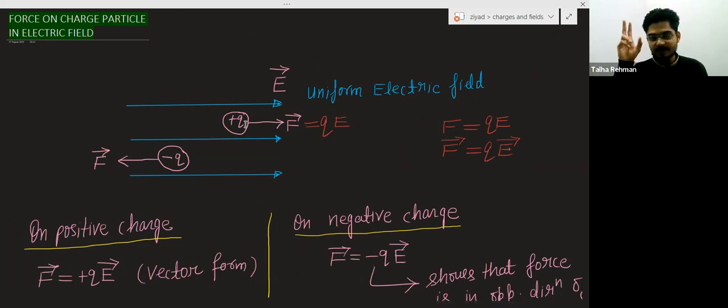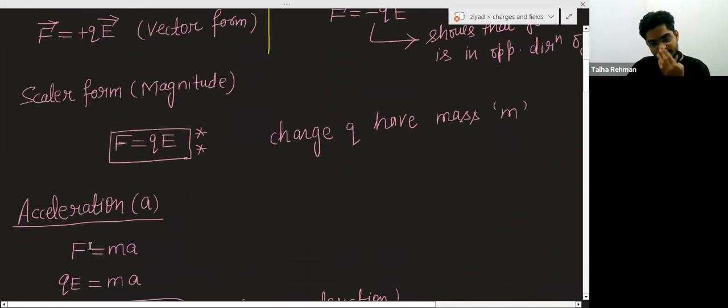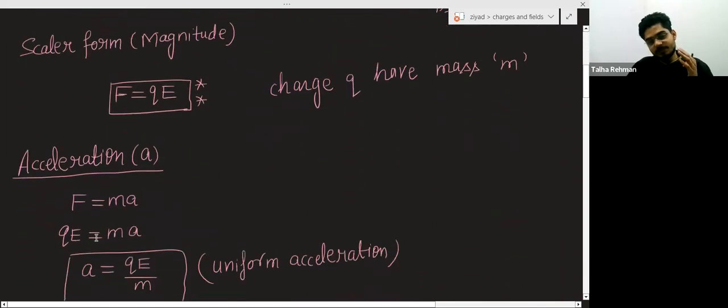So on the mass there is a force, which means Newton's second law: if there is a net force on the mass, there will be acceleration. Force is equal to mass into acceleration.